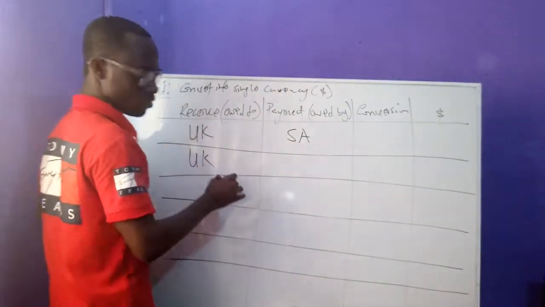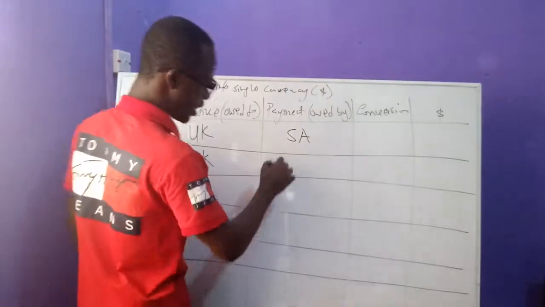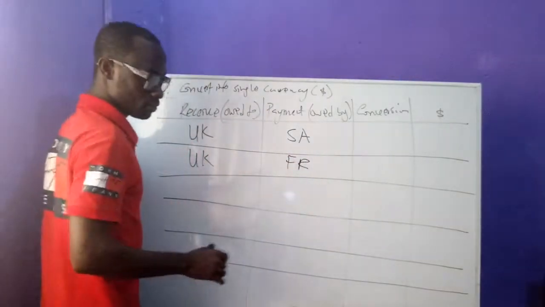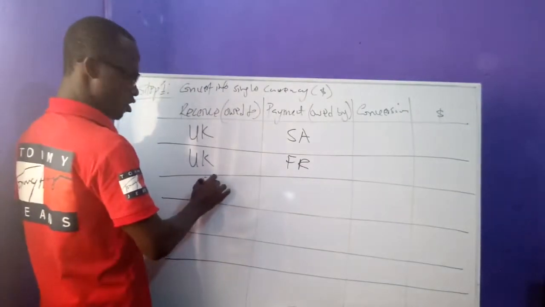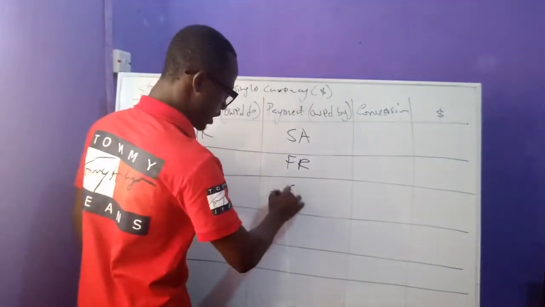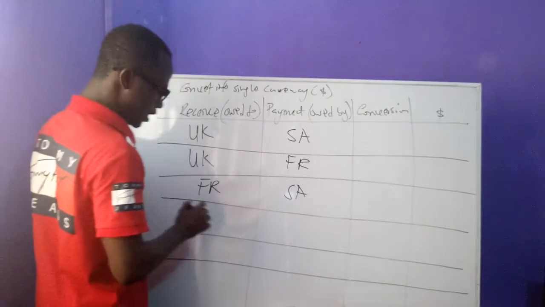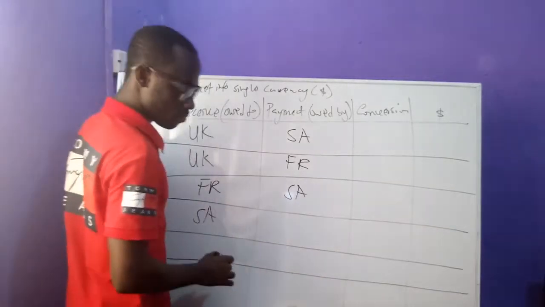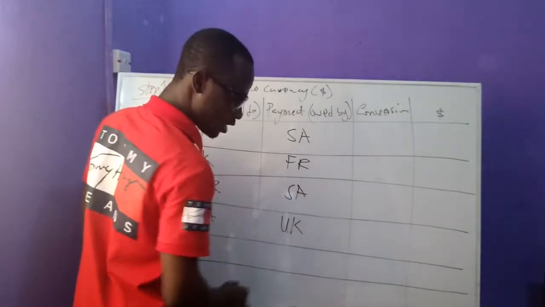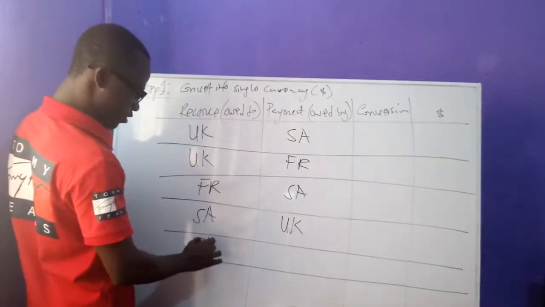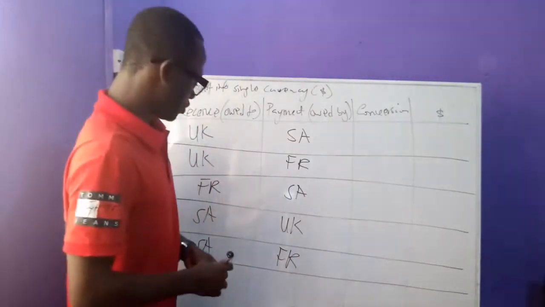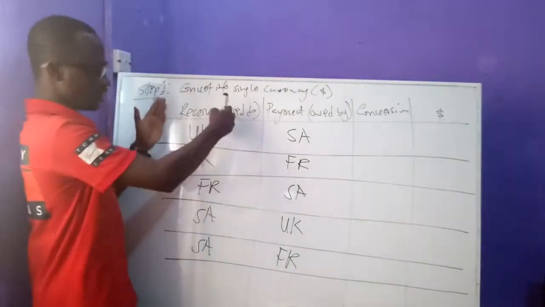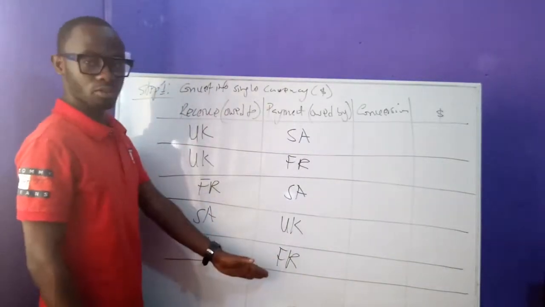The UK company will receive an amount that will be paid by the France company. The France company will receive an amount to be paid by the South Africa company. And then the South Africa company will receive an amount that will be paid by the UK company. And then the South Africa company will receive an amount that will be paid by the France company. So this is the setup. So these are receivable, these are the payables, right?